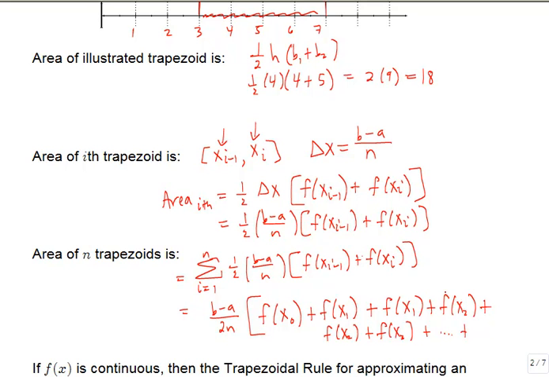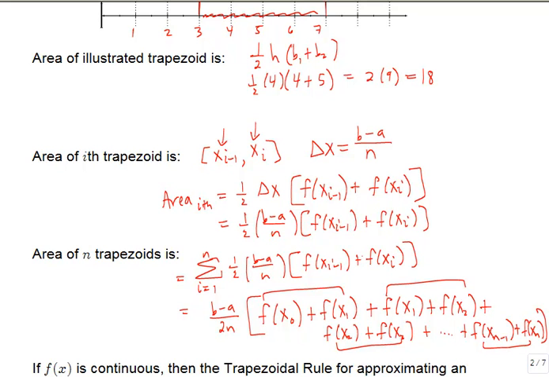And I'm going to do that all the way until i is n. So this one will be f of x sub n minus 1, and this one will be f of x sub n. So all I did was plug in each i value for both of these, and I get a pair for each trapezoid. So this is from trapezoid 1, trapezoid 2, trapezoid 3, all the way up to trapezoid n.